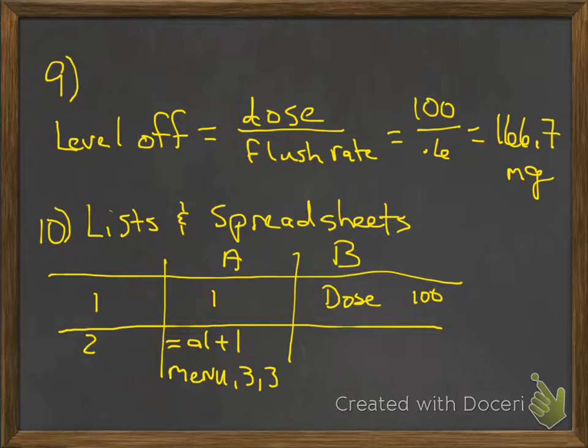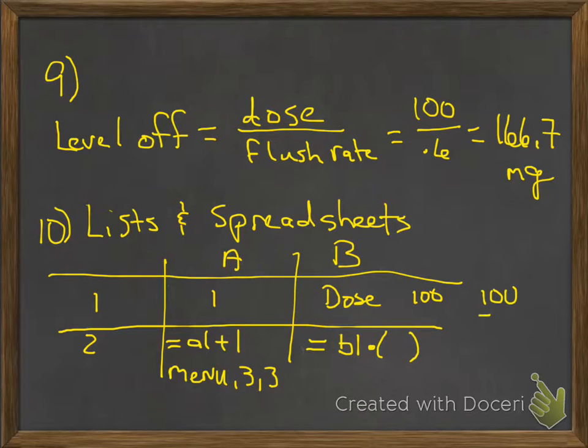And then for column B, it'll be equals B1 times however much you're keeping. Now, keep in mind, if I'm saying the flush rate, I need to figure out how much to keep.